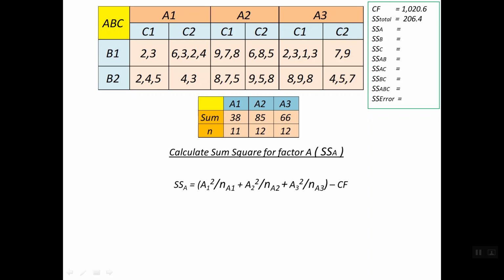Notice that factor A has 3 levels. The first one is A1, so these calculations are related to the first level, and these second calculations are related to the second level, and this is related to the third level, minus the correction factor.